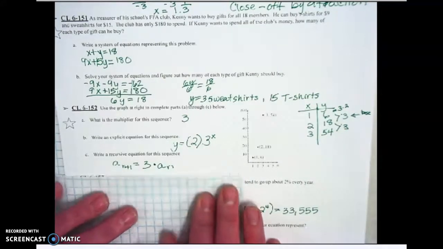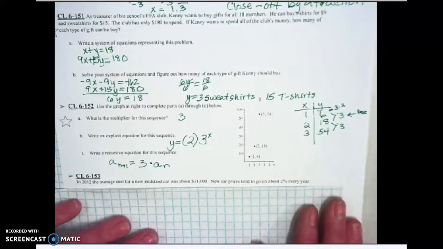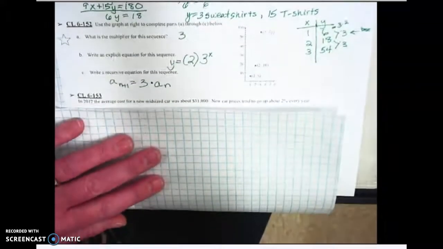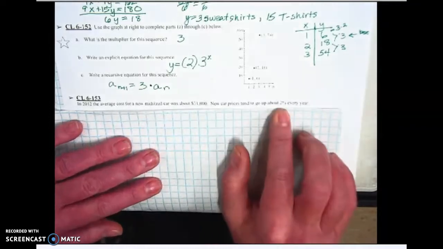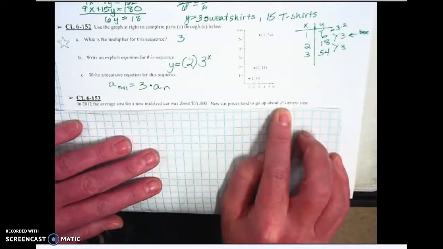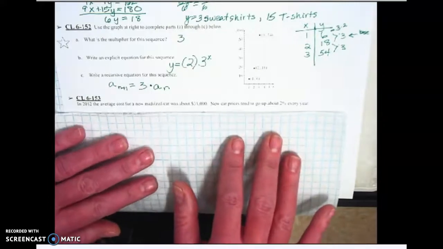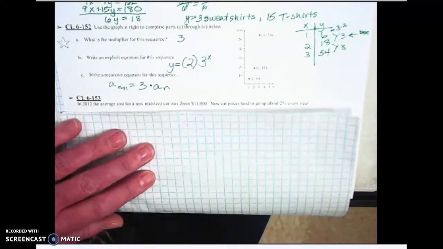Okay? Question 153 says, in 2012, the average cost for a new mid-size car was about $31,000. New car prices tend to go up about 2% every year. How do you say 2% as a decimal? 0.02. Okay? What would you multiply by in this situation to figure out the next year's price?